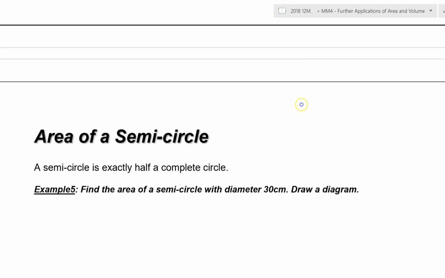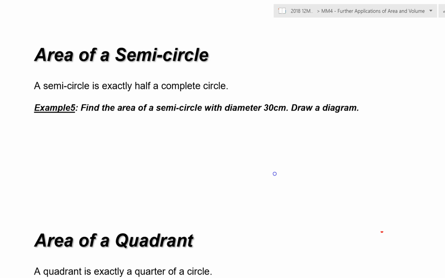Marvelous. Now, there are more parts of a circle here. Area of a semicircle. Semicircle, half of a complete circle. It's half of the area of a circle. This is not rocket science. There's my circle. It has a diameter of 30 centimeters. Now, the one thing you might get wrong here is forgetting to convert that 30 centimeter diameter to a radius.